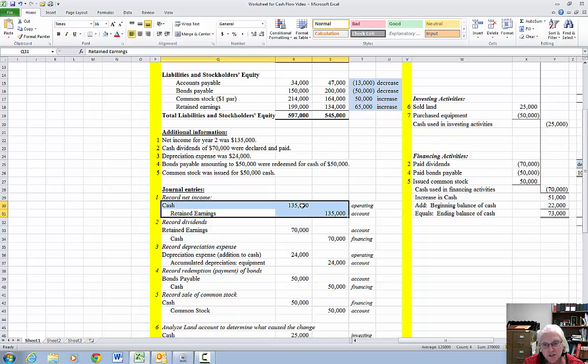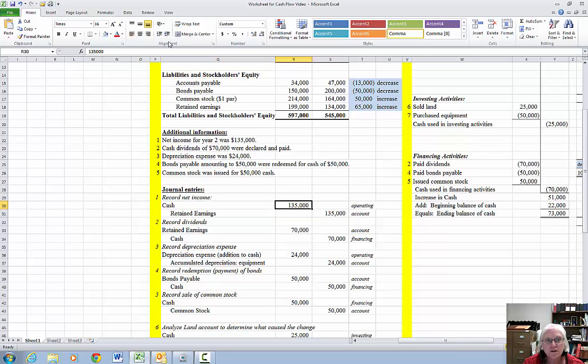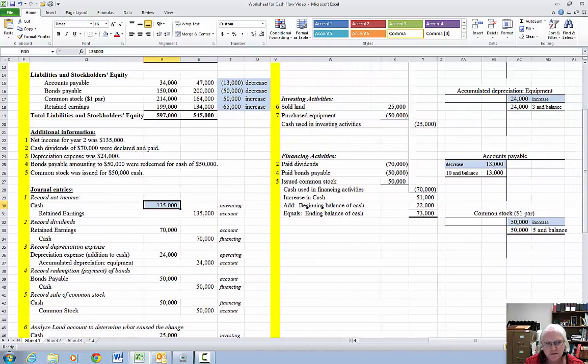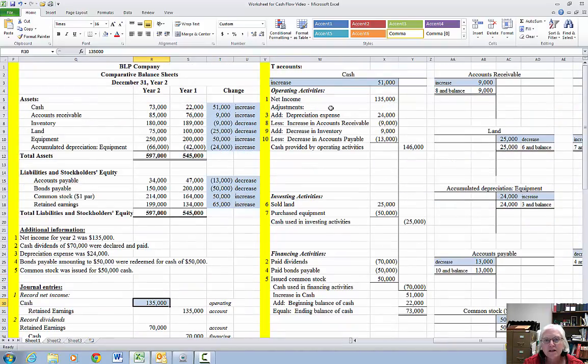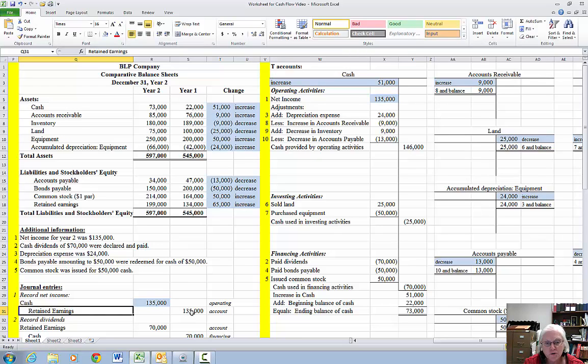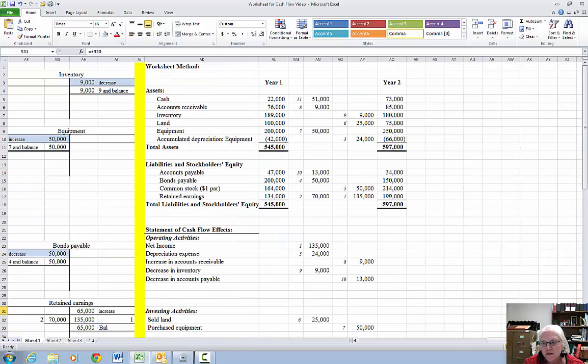So the cash of $135 is going to hit the operating section of the cash flow statement as a debit because we debited cash.